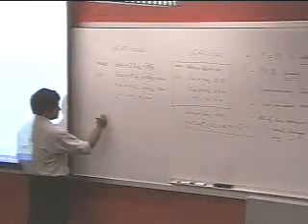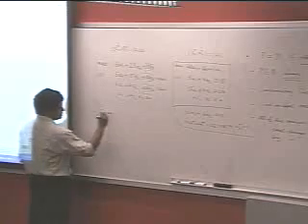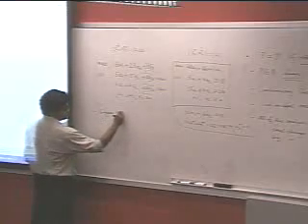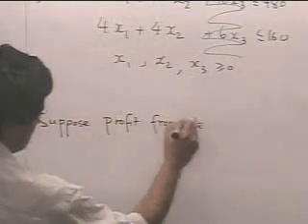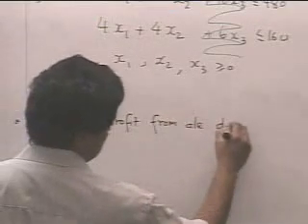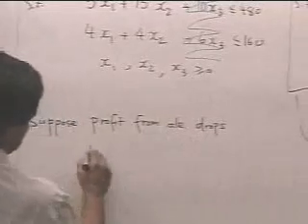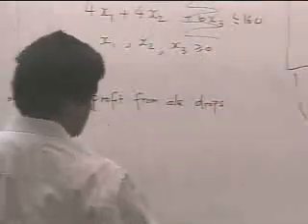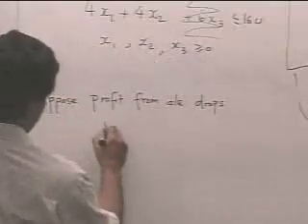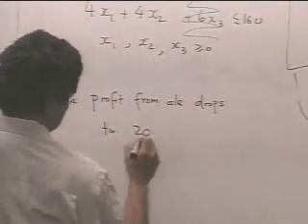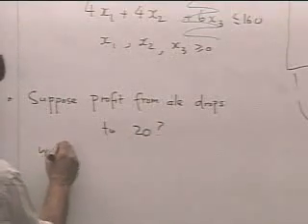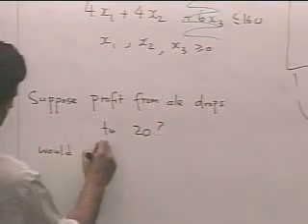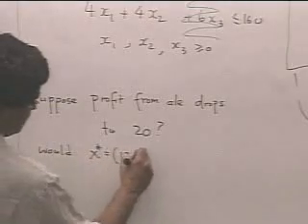Suppose the profit from ale drops to 20. Would x star equals (12, 28) remain optimum?